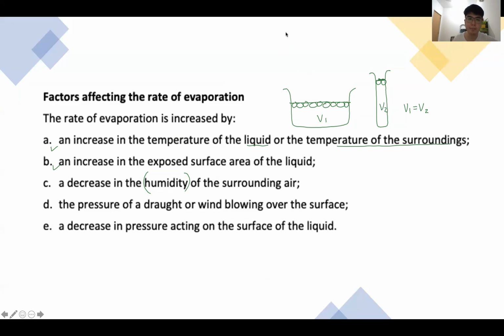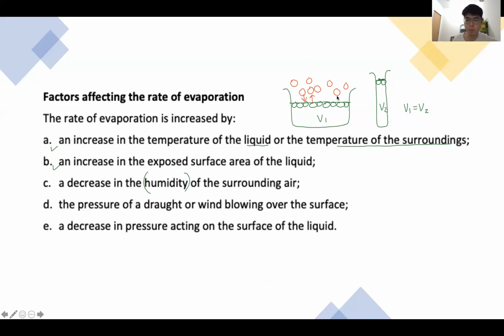Why? Because if the air is wet, that means you have water droplets, you have moisture. The particles have low energy compared to dry air. As a particle tries to escape, a nearby low-energy particle will drop back into the liquid.